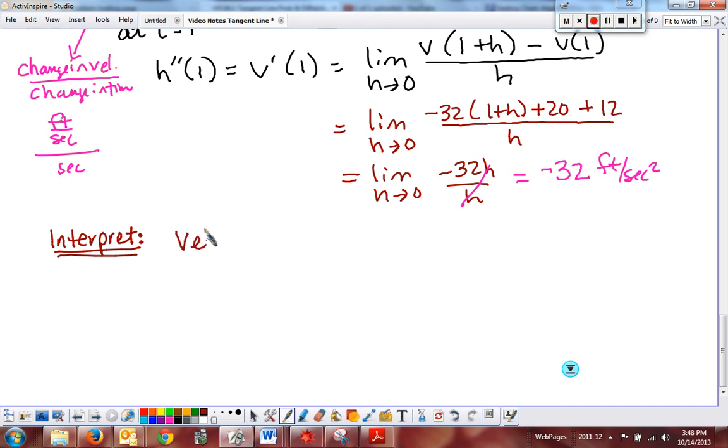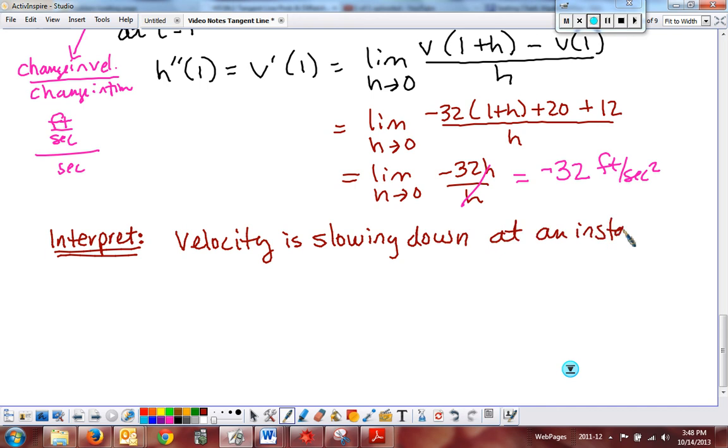So we start writing our interpretation. We would start out by saying the velocity is, now notice this was a negative acceleration. What's happening to the velocity if you have a negative acceleration? That means that you are slowing down. So the velocity is decreasing or slowing down at an instantaneous rate.